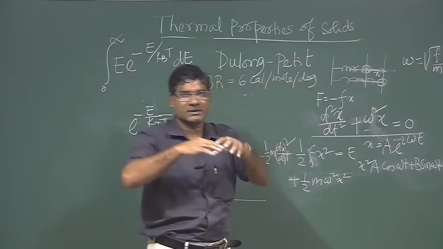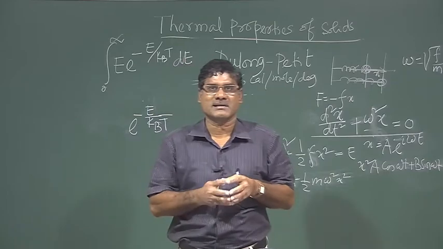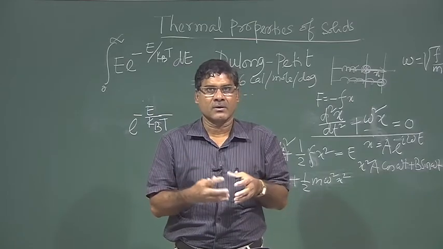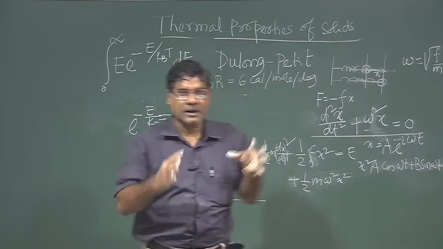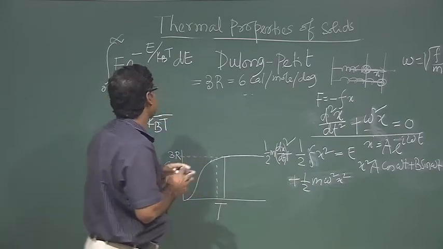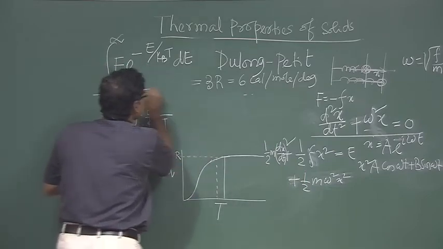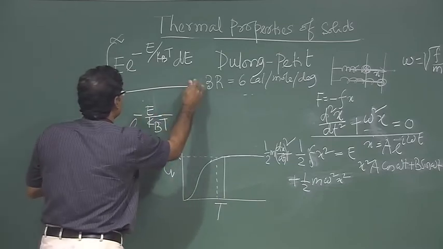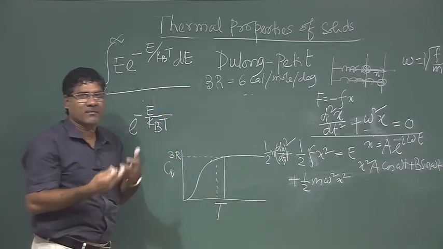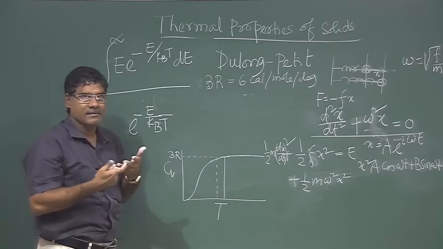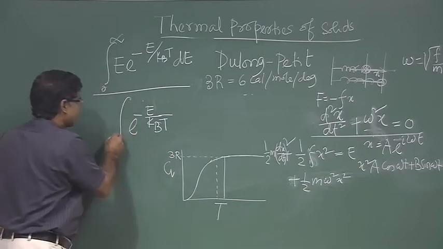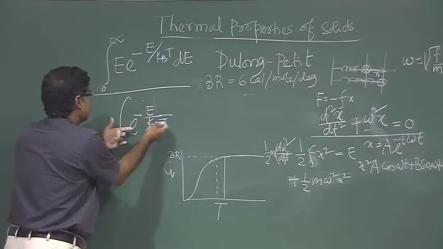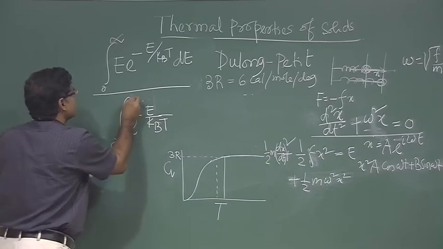for n, so the system contains n number of particles, or harmonic oscillators. So, I will get the total energy of n number of particles. Now I have to divide by the total number of particles, which is n. That one can get by integrating just this factor from 0 to infinity.